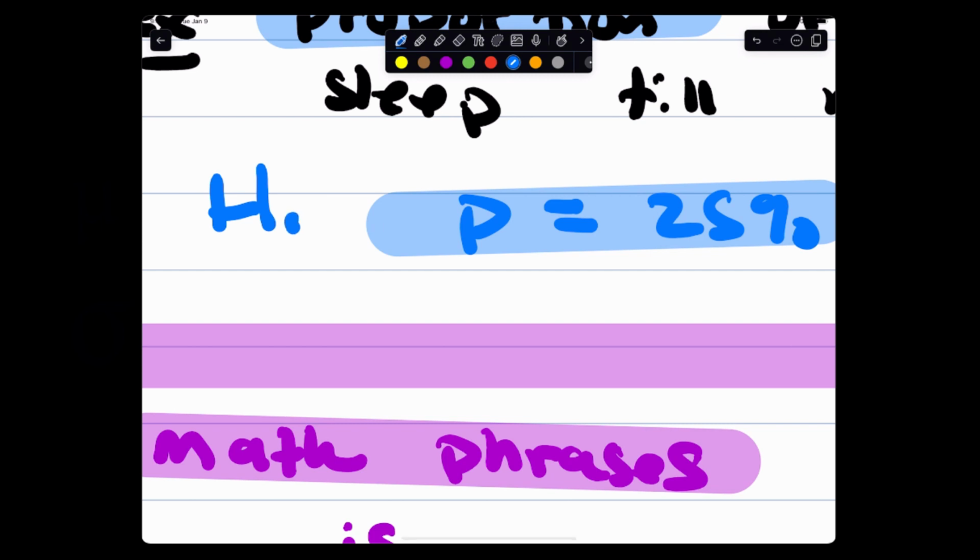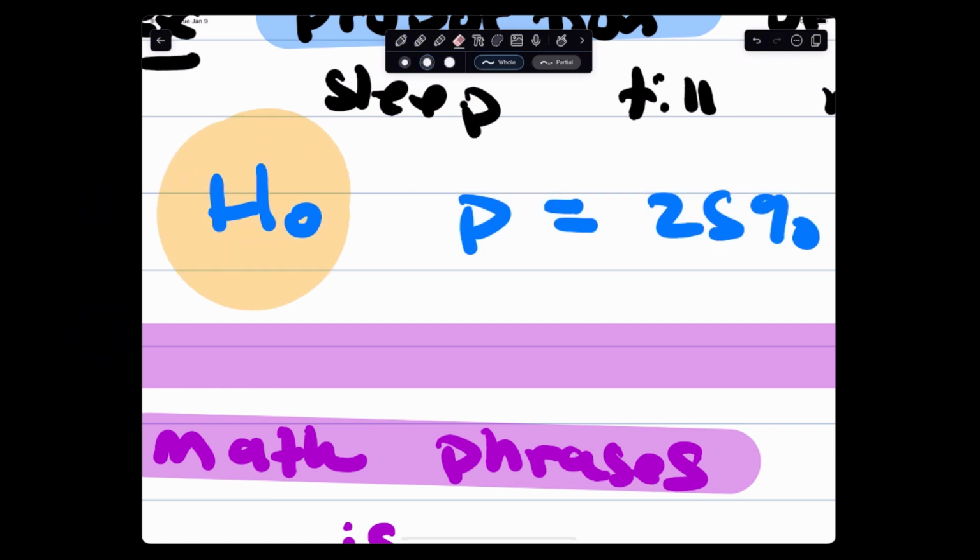So call that H naught. That is a null what? What color was null? Orange? This is a null hypothesis, okay? I want you guys to see that. Because of the condition of what? Equality. Can you guys see that? All right.